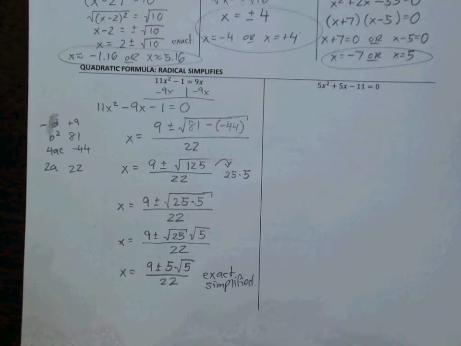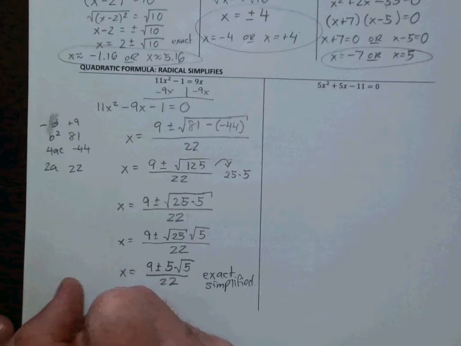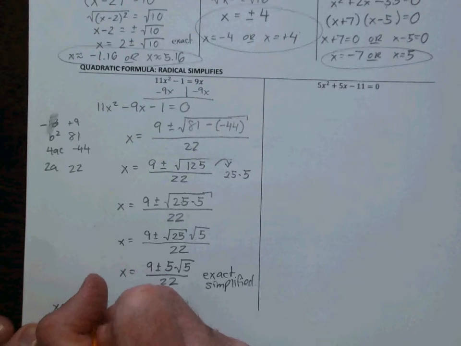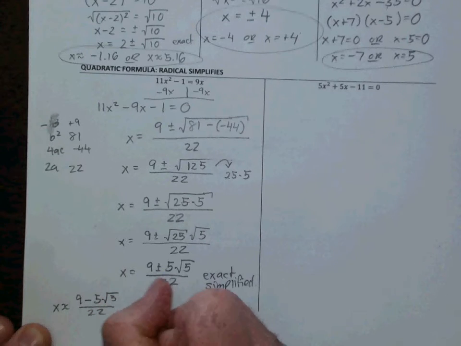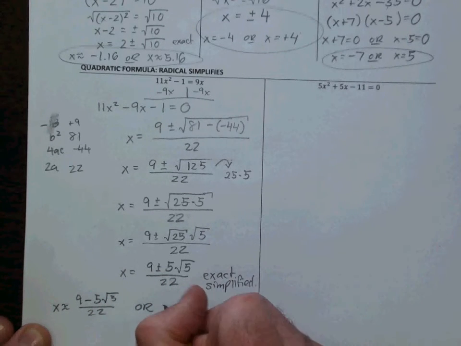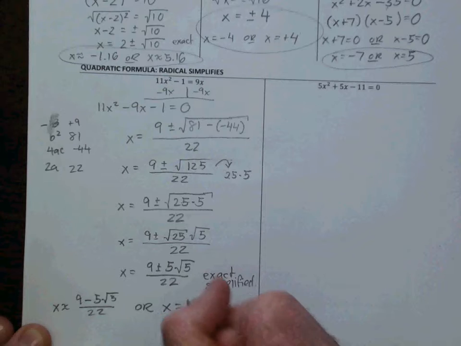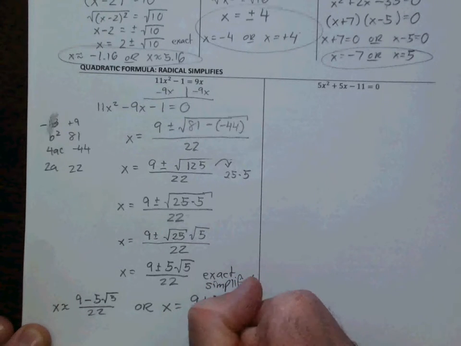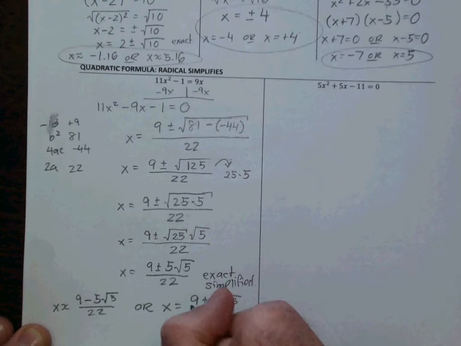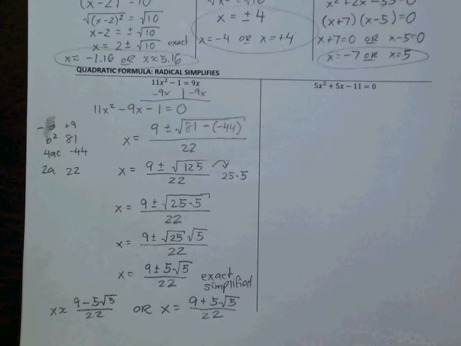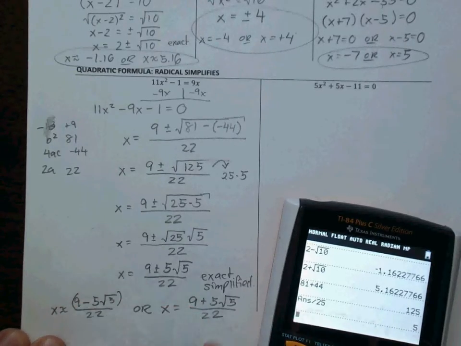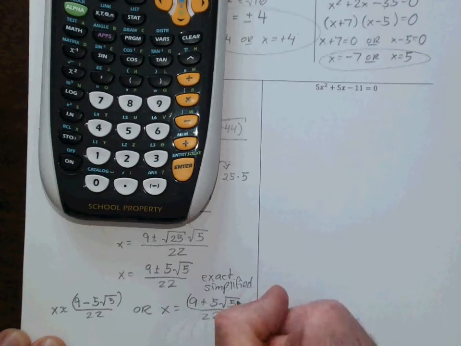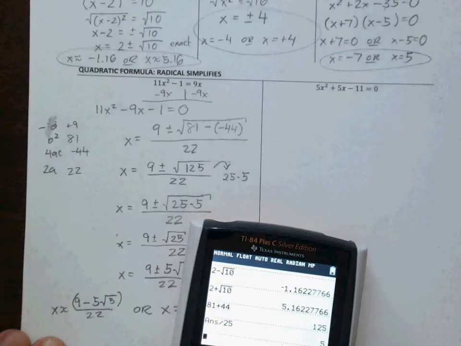And now if you want the approximate in your calculators, we can do x is approximately equal to 9 minus 5 square root of 5 all over 22, or x is equal to 9 plus 5 square root of 5 all over 22. And as I do this, I'm going to put the numerator in parentheses. That way in my calculator, I don't make any mistakes with the order of operations.